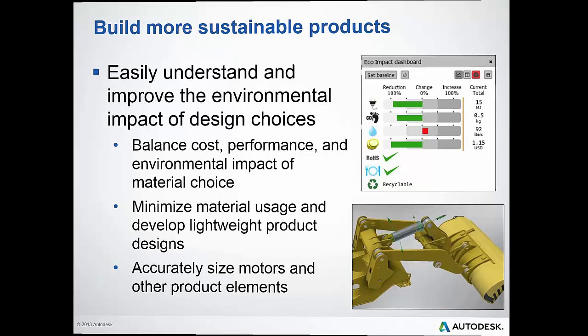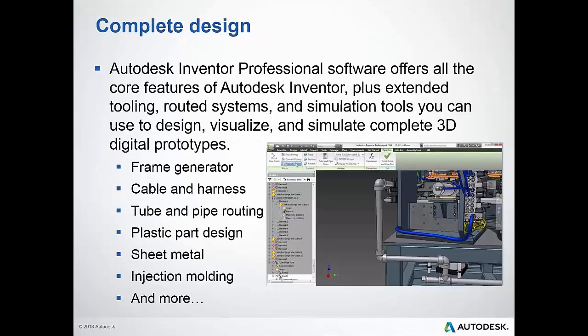The complete design, again, we talked about that, but Inventor Professional, even without Product Design Suite, really has a lot of stuff in it that you can use. The harness and cable development, tube and pipe, frame generator, sheet metal, plastic part design, and the injection molding that I talked about are all included.